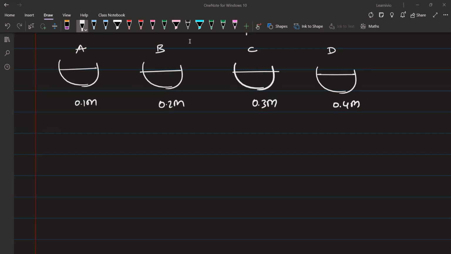Make sense? Yes, sir. ठीक है, lower will be the basically vapor pressure of solution plus pi.